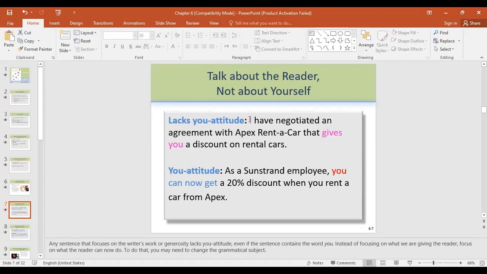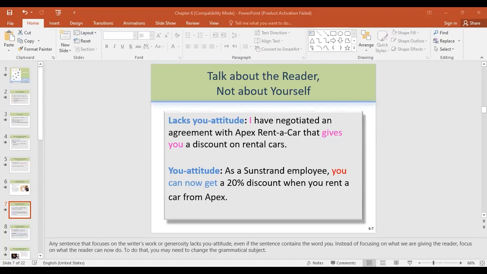Also, any sentence that focuses on the writer's work lacks you attitude, even if the sentence contains the word you. Instead of focusing on what we are giving the reader, and this is the most important, please focus with me, focus on what the reader can now do.